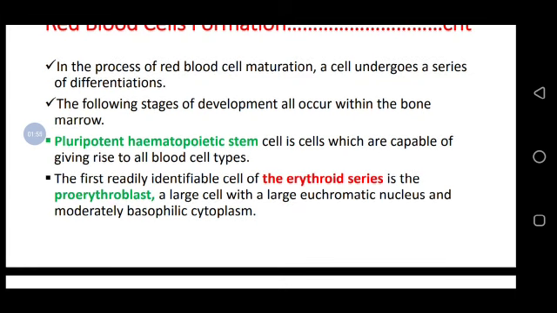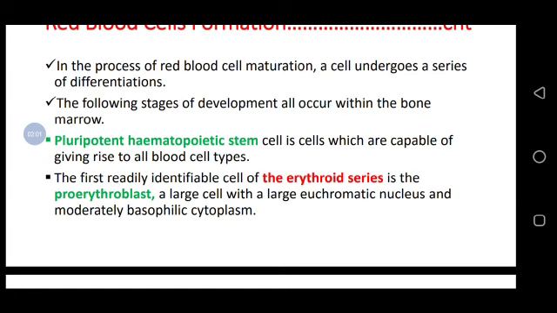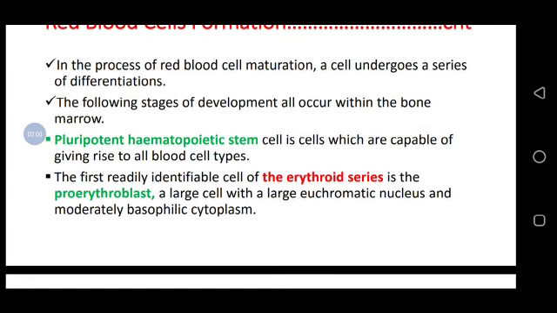This pro-erythroblast is the immature erythrocyte, the immature red blood cell. We call it pro-erythroblast. Once you say blast, this is an immature cell, and cyte, as in erythrocyte, this is the mature red blood cell. Erythroblast, immature red blood cell.